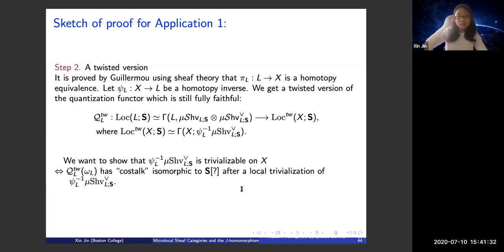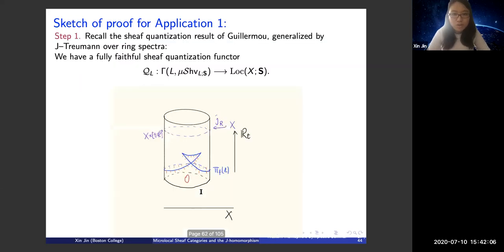And more intrinsically, that means if you restrict to a contractible open ball, it should give a section which is a compact object, and its isomorphism class should be S. The compactness is almost obvious, because if you quantize this to be a sheaf, then the stalk or co-stalk here comes from iterated, finite steps of extensions of invertible S modules.